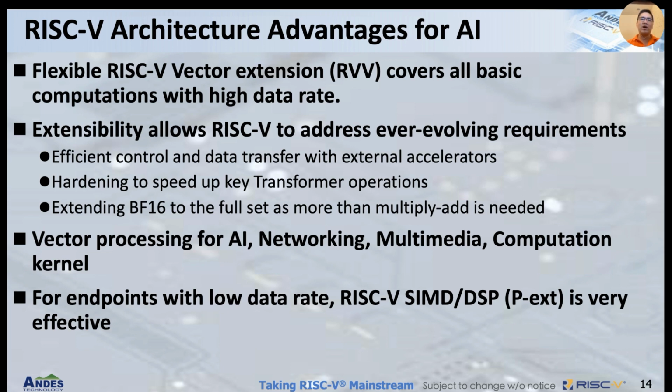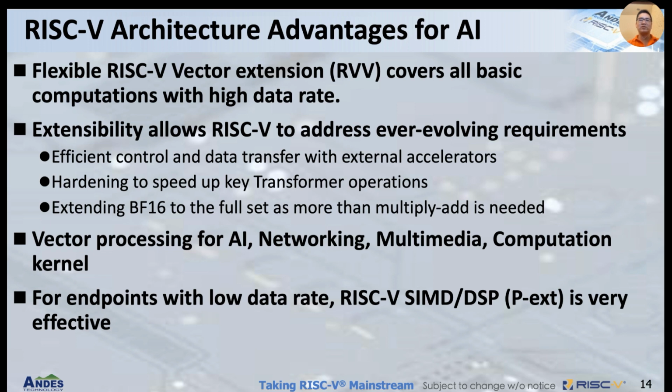The technology to harden the design to support key transformer operations found in many of the large language models, and also a full set of support for the BFloat16 data type that's commonly found in AI algorithms and workloads.